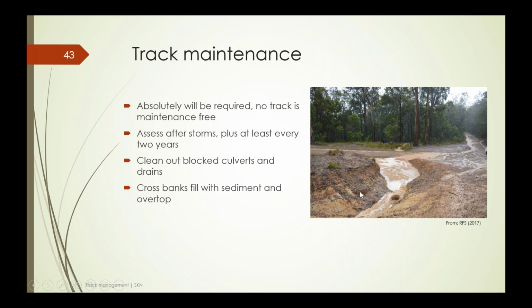The risk with diversion drains is, of course, that they'll overtop and then runoff will continue down the road or down the track. So there's certainly a need to keep up the maintenance on a regular basis. We would say, if not after storms, then at least once every 2 years.